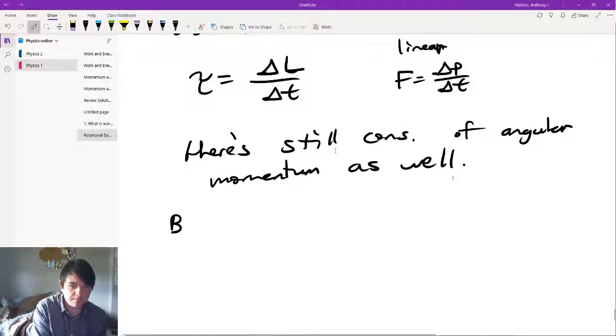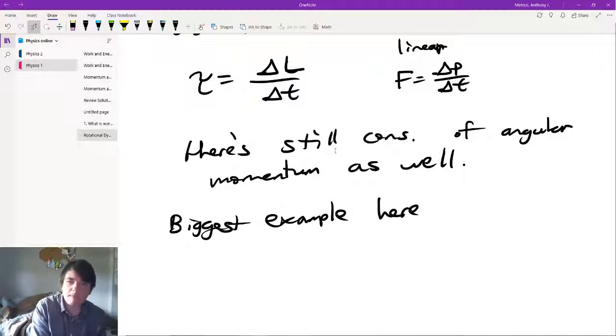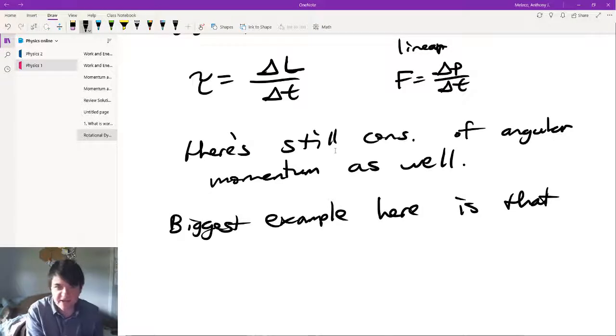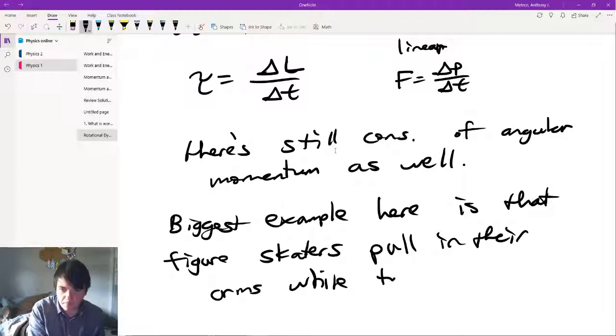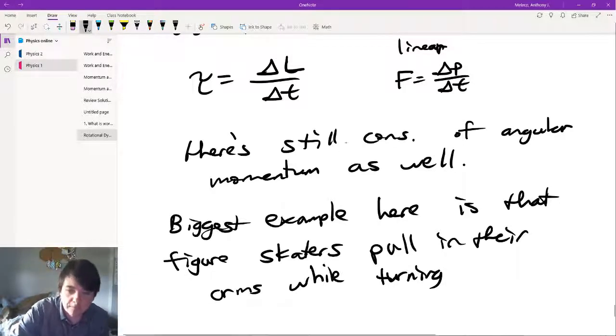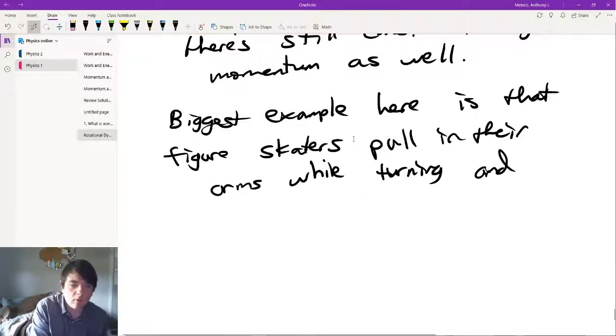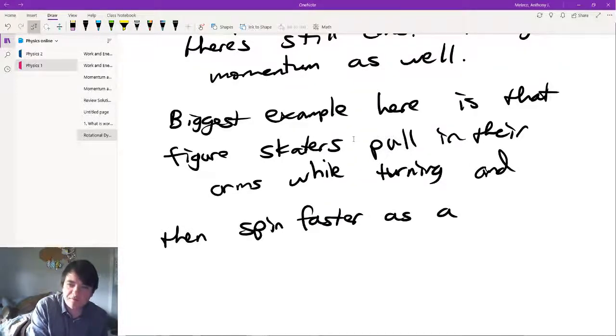The biggest example, the one you'll always see, is that figure skaters pull in their arms while turning, and then spin faster as a result.